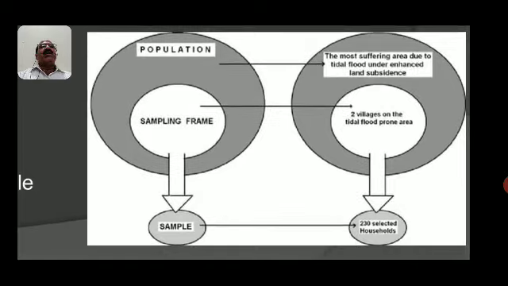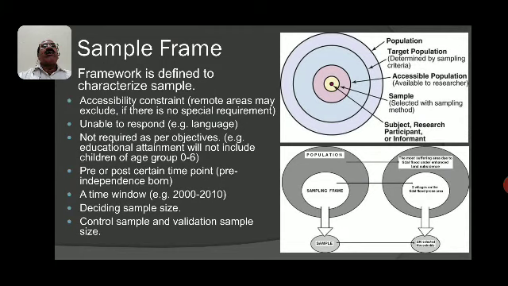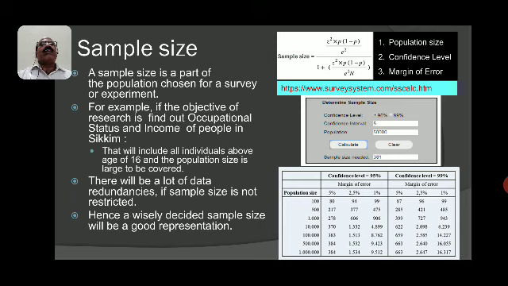Likewise, you have the sampling framework. If you have a population, then you put a framework. Then those who conform to that framework will be taken as a sample. So this is how the sample frame is utilized in designing the sample.